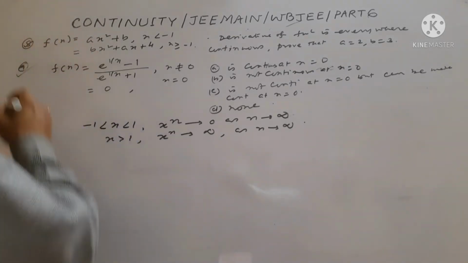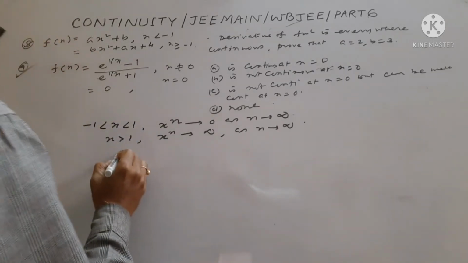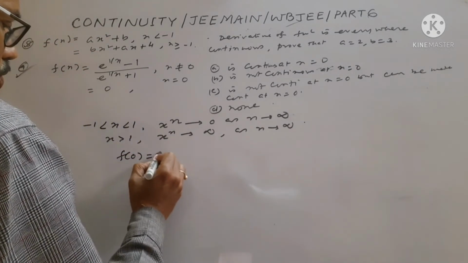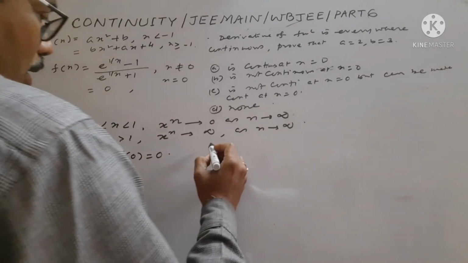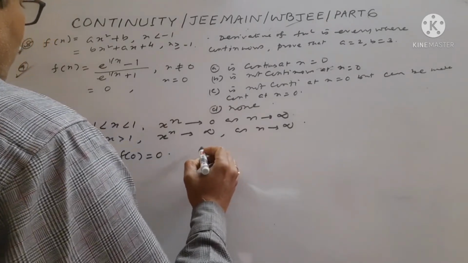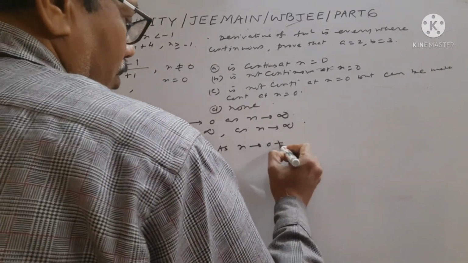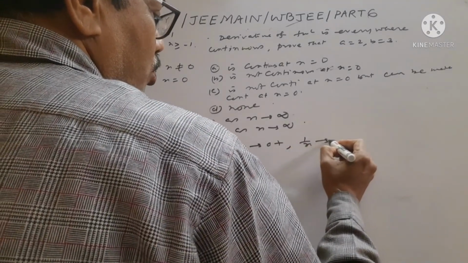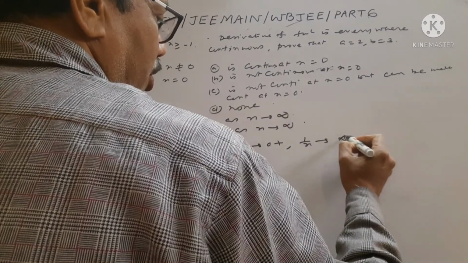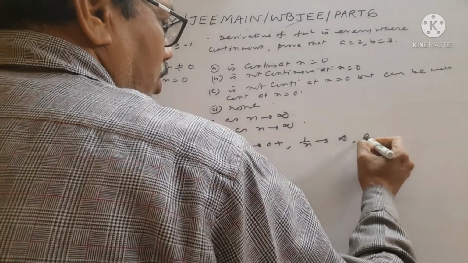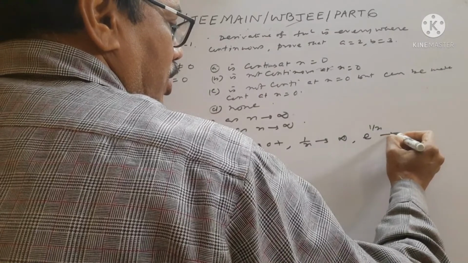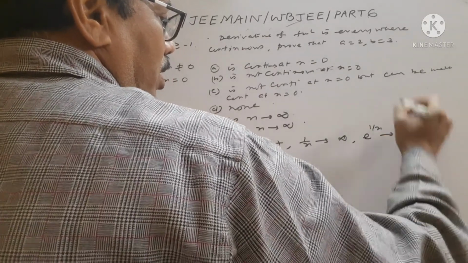So look, problem number 9. Obviously, f(0) equals 0. As x tends to 0 plus, 1 by x tends to infinity. Therefore, e to the power 1 by x tends to e to the power infinity.